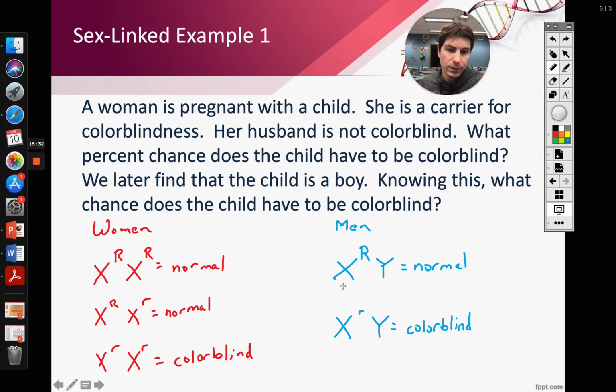You have an X and a Y. If you were a male, your dad in the sperm contributed the Y. The woman, mom, contributed the X. What this means is that if you are colorblind and you're a male, your mom giving you the X, that X had that colorblind allele. And that's why you have colorblindness. Okay? Now, let's take all this from what we know and let's do the problem now.